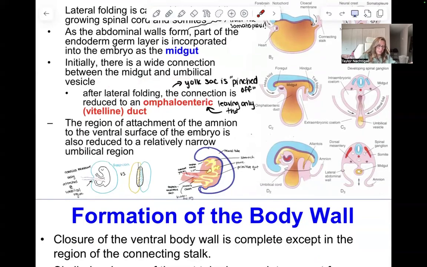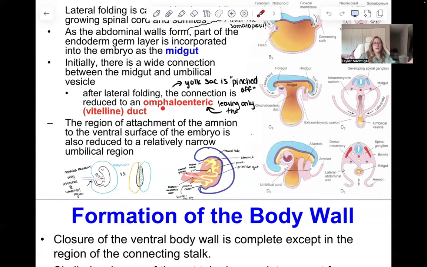In fact, it's becoming so unimportant, it's getting pinched off and it's getting a new name. The connection that was previously the yolk sac is now called the omphaloenteric duct or the vitelline duct. And this is going to remain inside the umbilical cord for quite some time before it eventually completely disappears.